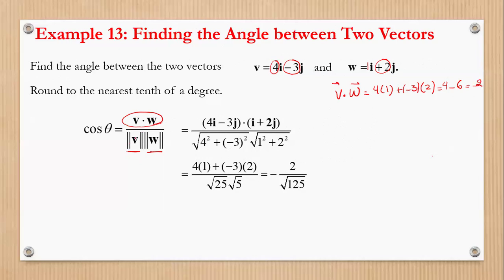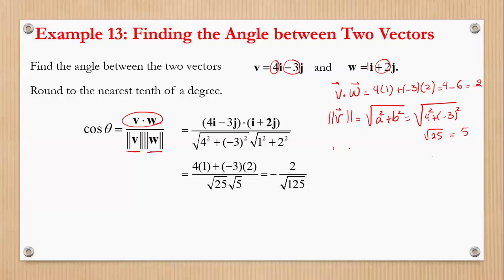And we need to find the magnitude of each vector as well. So how do we find the magnitude of vector v? By just using the formula square root of a squared plus b squared. And a and b in vector v are 4 and negative 3. If I square them and add them together and take the square root, I get root 25, which is 5.